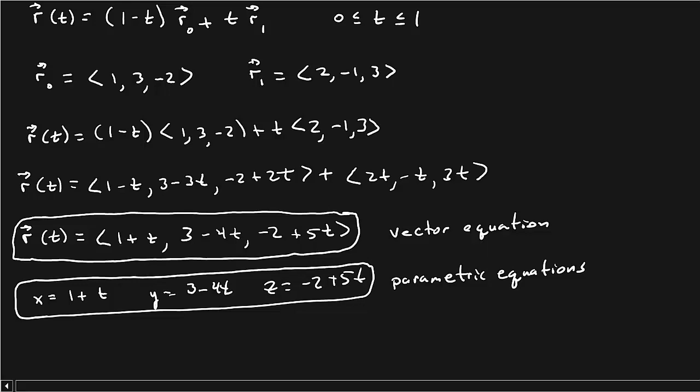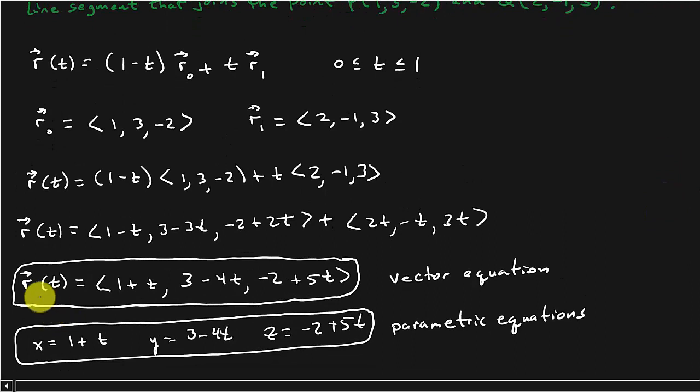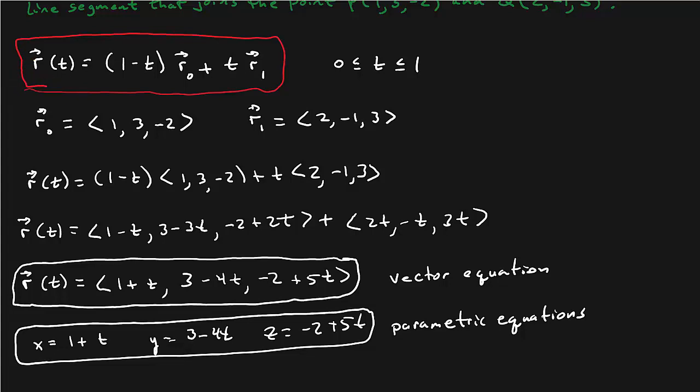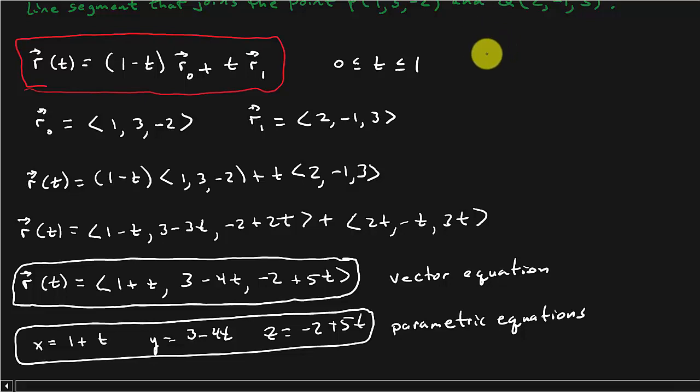Okay, and the next thing I want to show you about this. In this problem you saw how we found our vector equation using this property right here. But you might also remember that r(t) is equal to r naught plus vector v times t, where v is the vector that our line is parallel to.